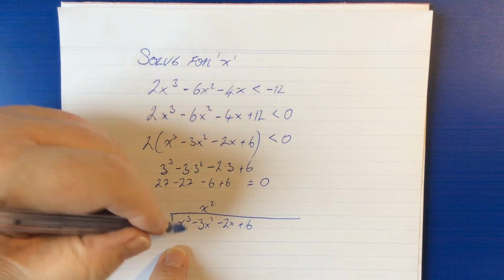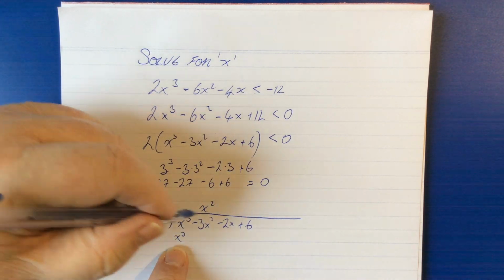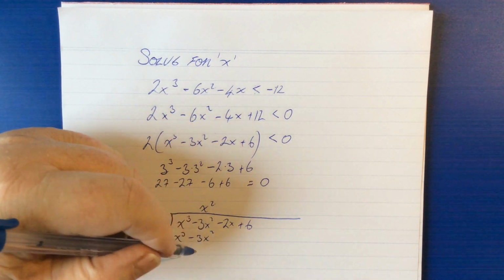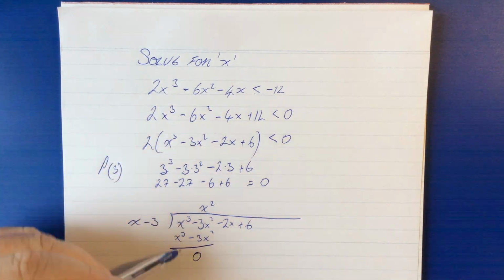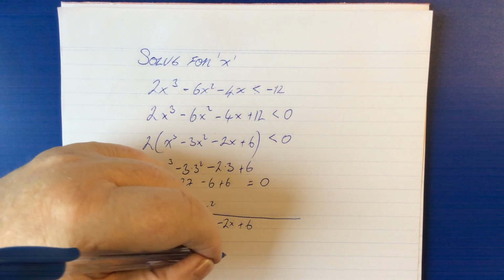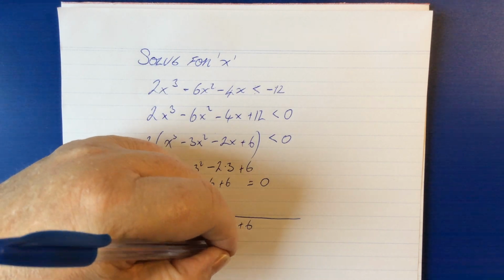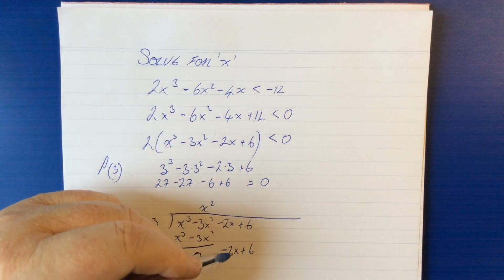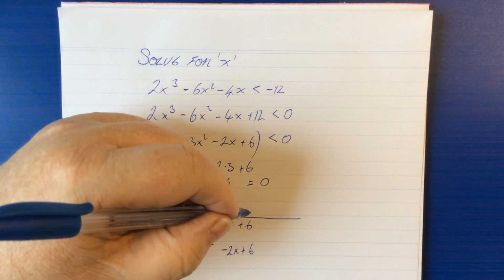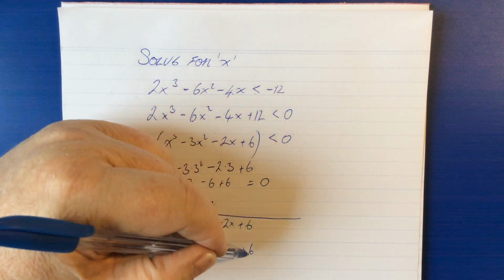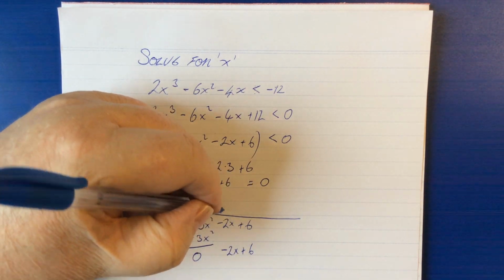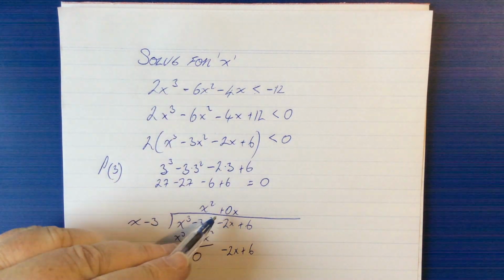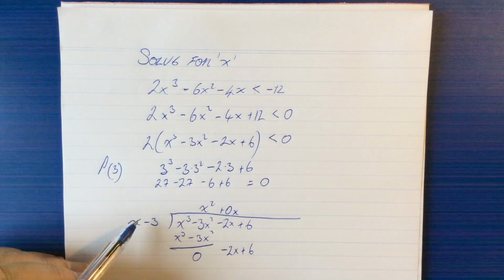X squared times that gives me x cubed minus 3x squared. Interesting. There's no remainder here. So what I do is I bring down this, and because I'm going to be working in this column, I put a 0x in there just as a spacer.